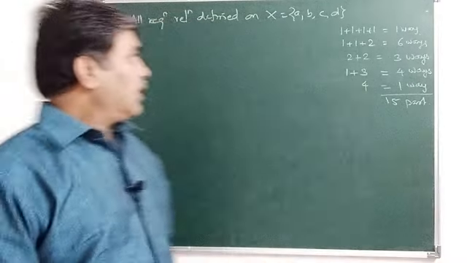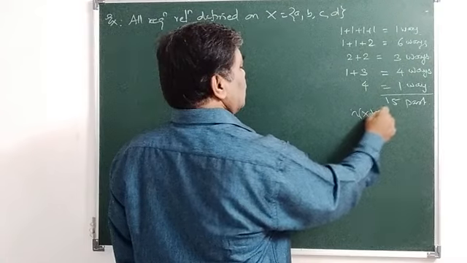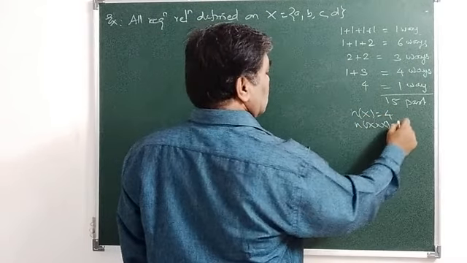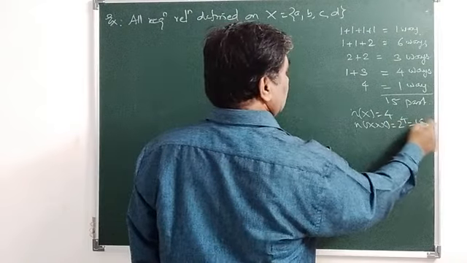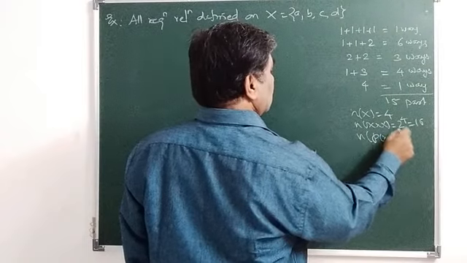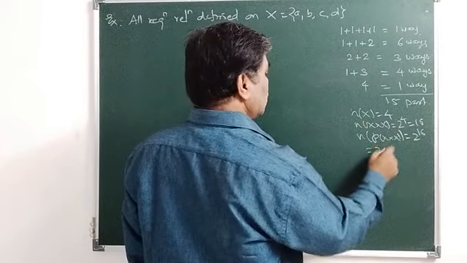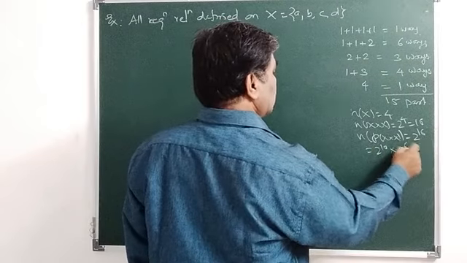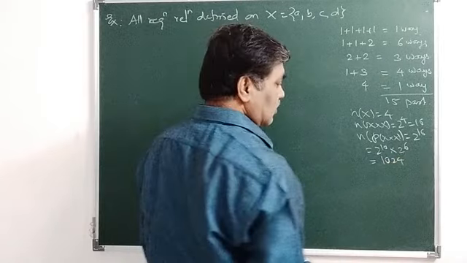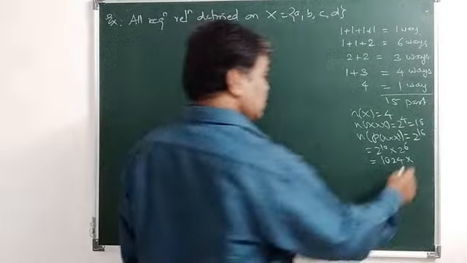Number of elements in X is equal to 4. Number of elements in X cross X is equal to 2 raised to 4, that is 16. Number of elements in power set of X cross X is equal to 2 raised to 16, that is 2 raised to 10 into 2 raised to 6. 2 raised to 10 is 1024, and 2 raised to 6 is nothing but 64.